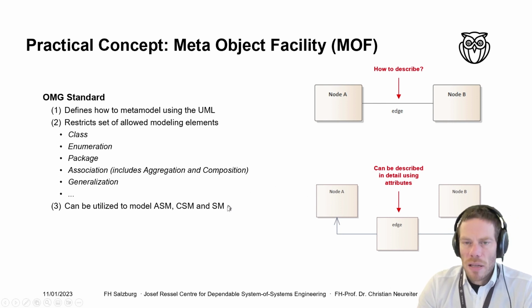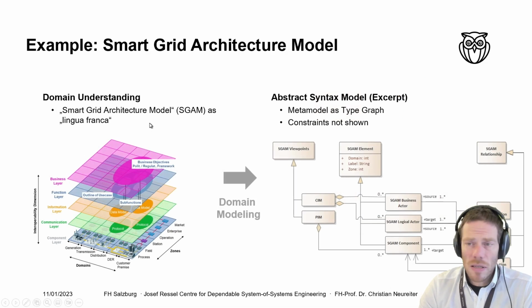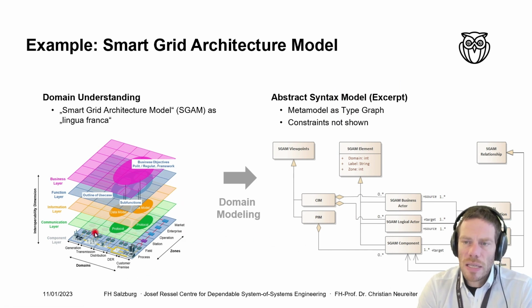Coming back to the SGAM, we can see as an example an excerpt of the meta model that is used to describe a language based on SGAM. Here we can see that we have an abstract element for viewpoint, and we have identified a computational independent model and a platform independent model as particular viewpoints.